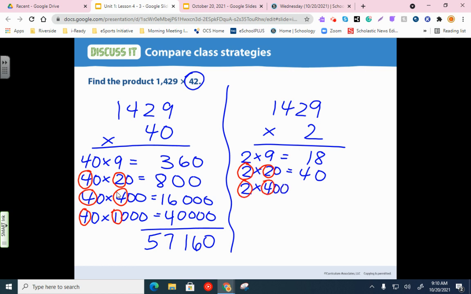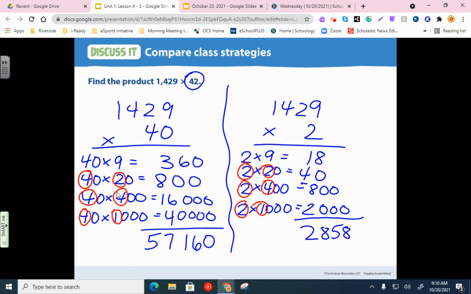That gives me 8. And then bring over those 2 zeros. So it gives me 800. And then 2 times 1,000. It's 2 times 1, which is 2. And 1, 2, 3 zeros. So we got that. And this all adds up to 2,858.